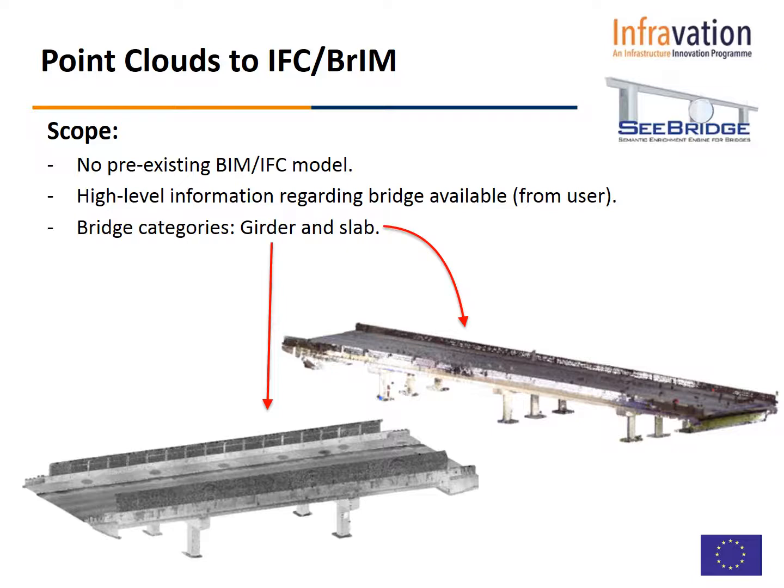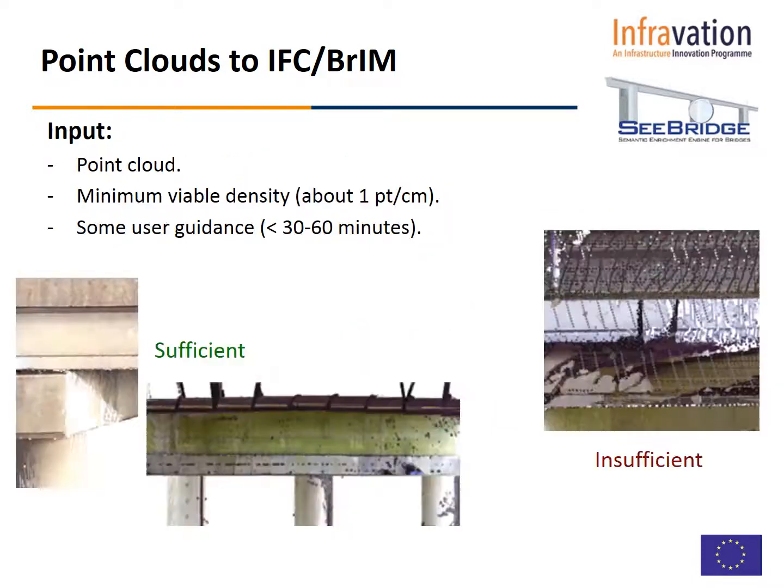And then we're also limiting ourselves to specific bridge categories, in this case, girder bridges and slab bridges that are relatively straight, don't have significant curve like you would see on a highway entrance ramp, for example, and consist of a few spans, nothing too long or too complicated.